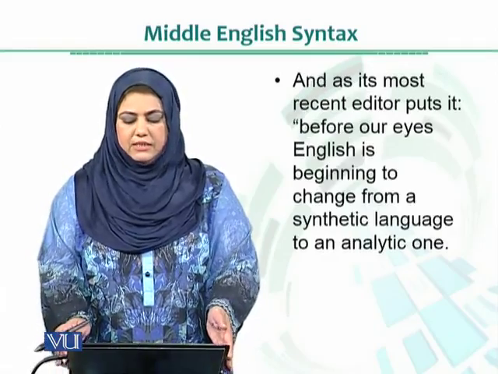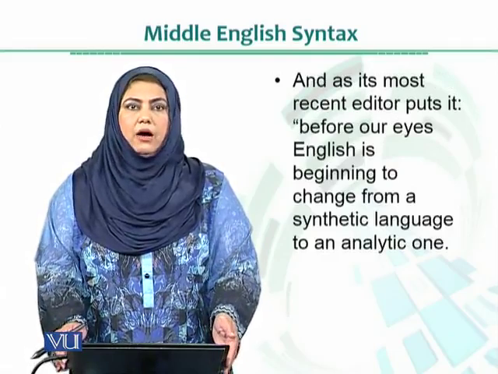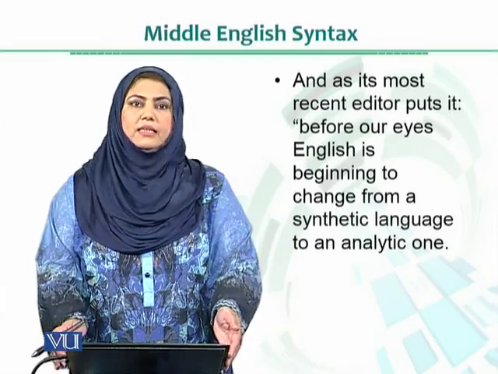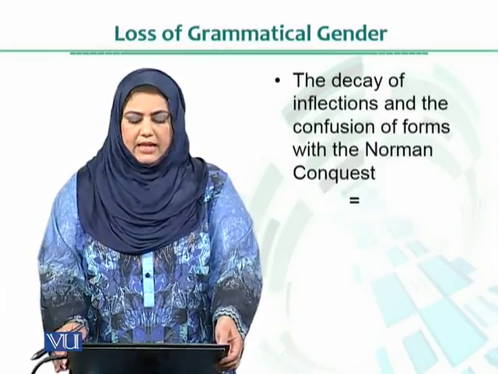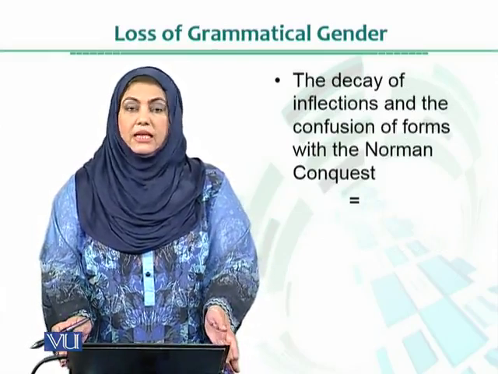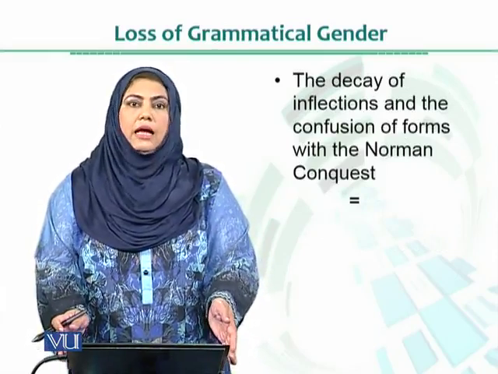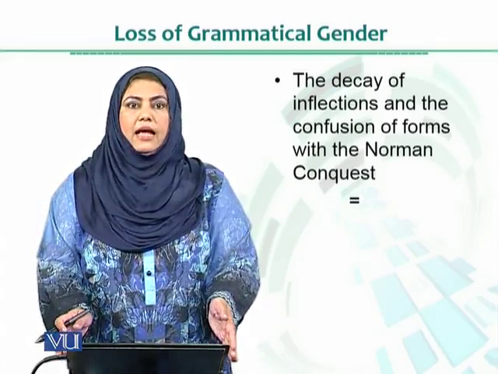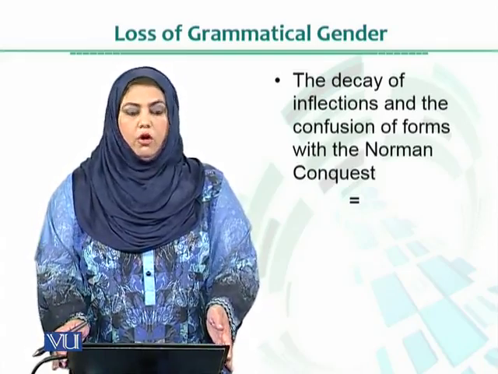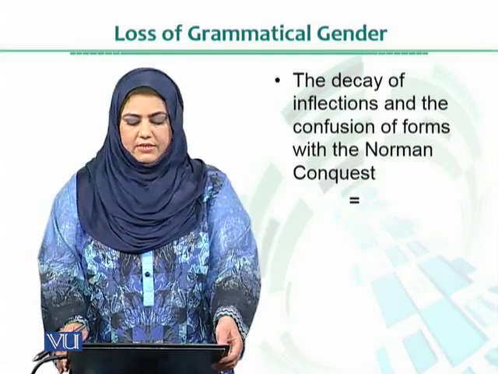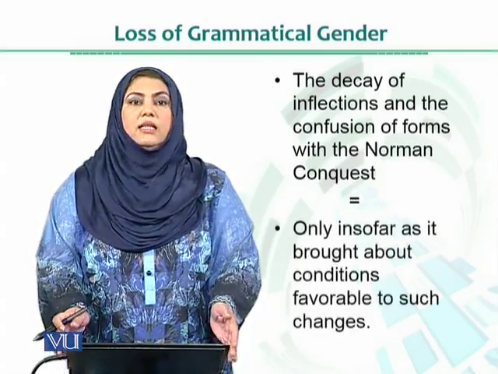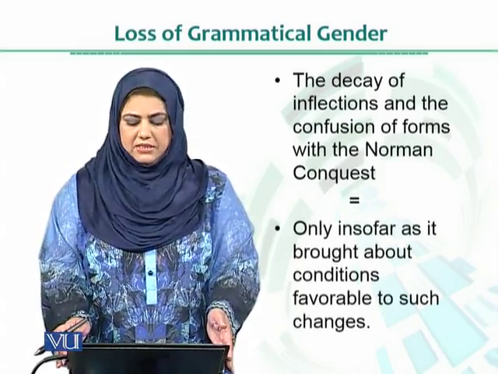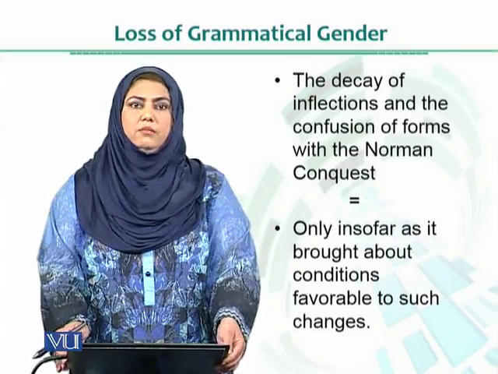But as we see before our eyes how English was beginning to change from a synthetic language to an analytical language, we can notice that the decay of inflections and the confusion of forms has nothing directly to do with the Norman Conquest, though indirectly they were related. How? Because the conquest created all those circumstances in which these changes were possible.